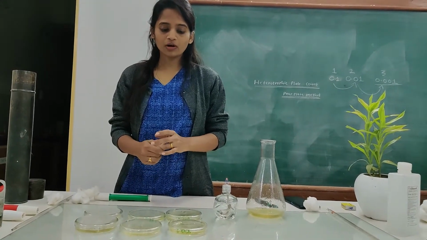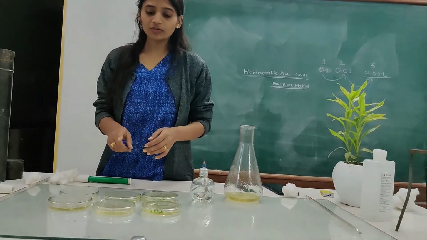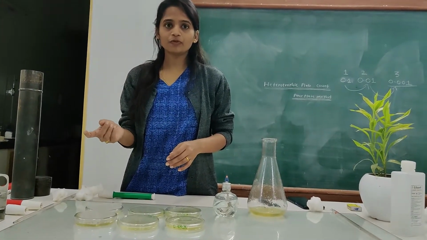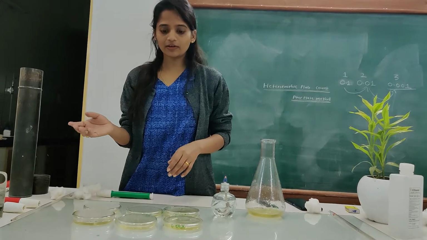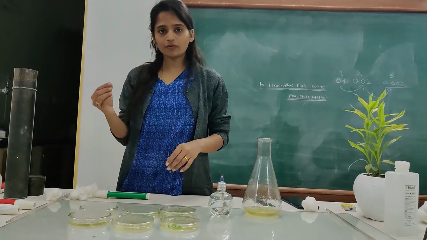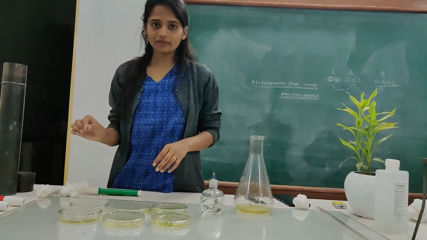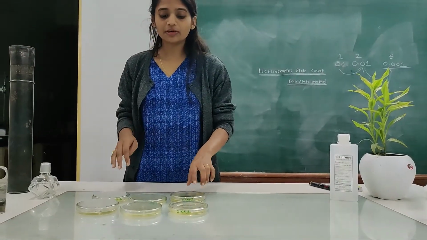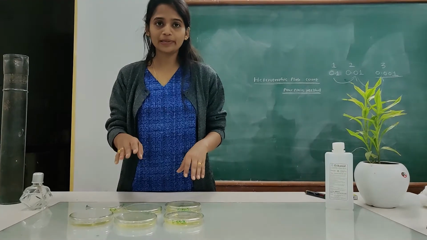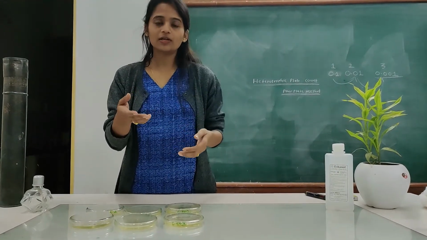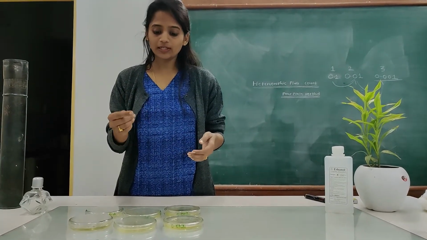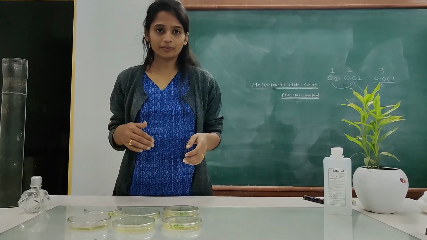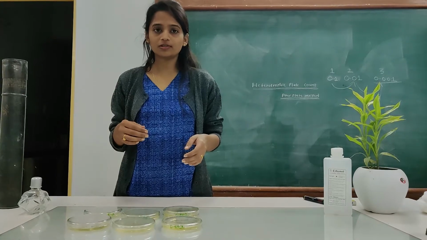After 24 hours we will check the growth, and then again keep it in the incubator for the next 24 hours, so we check the growth at the 24th and 48th hour. One more thing: keep all these plates in inverted position in the incubator, so that the nutrient agar won't be disturbed by the water vapors formed due to condensation.